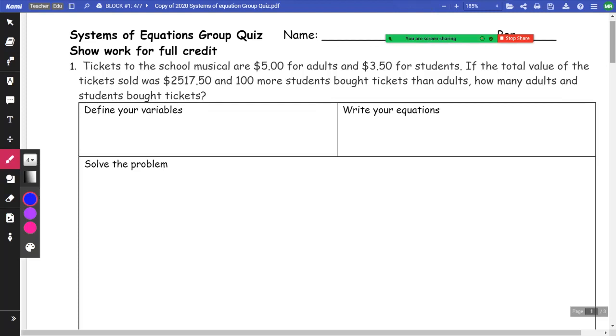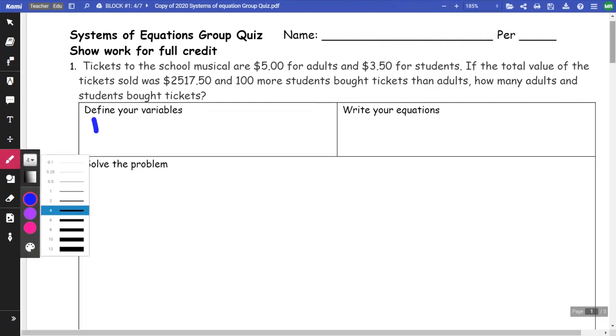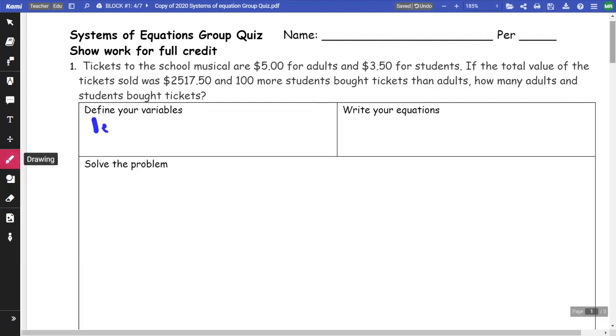So we are going to let S equal number of student tickets.